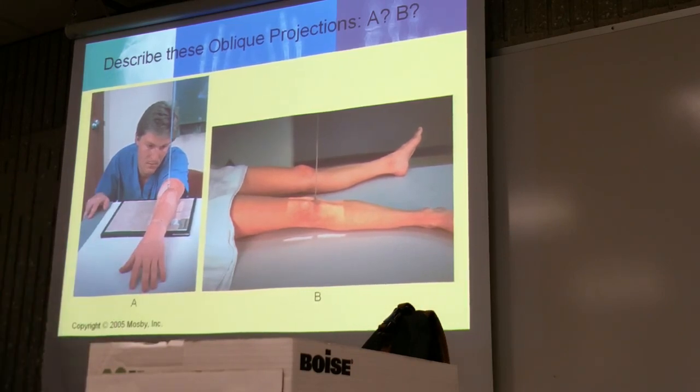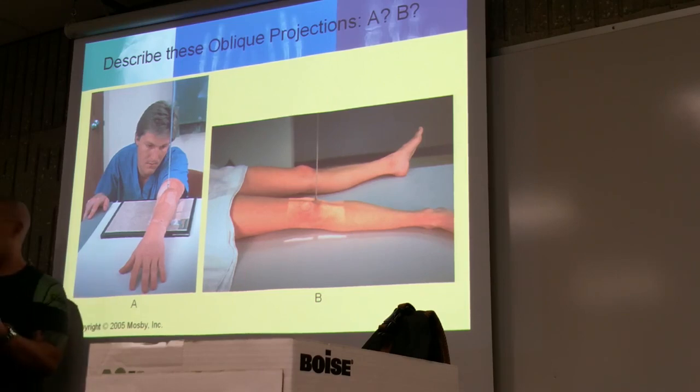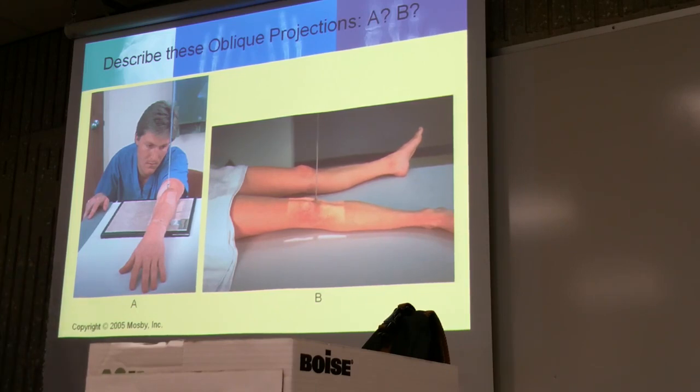So you use the elbow for anatomical positioning, but you don't use your foot or your hand. Right? That was the exception. So that's why I jumped a little bit. When we're talking about the hand and the foot, you got to start with the palmar surface down for the hand or the plantar surface down for the foot. Those are the exceptions. Now for these other ones, you got to start in the true anatomical position.